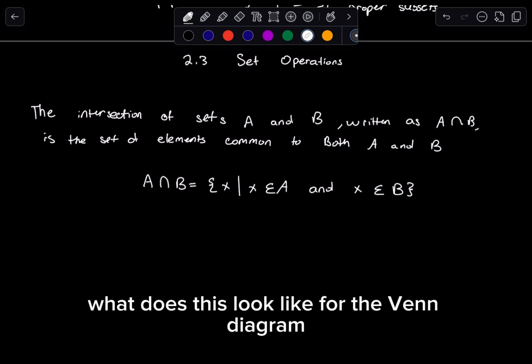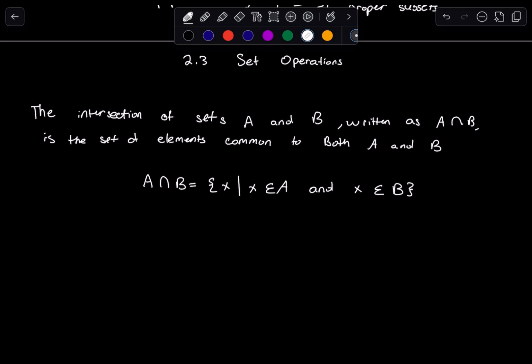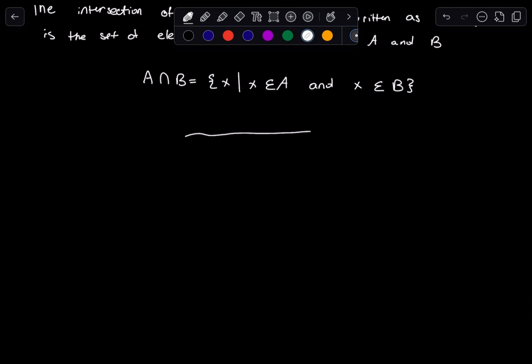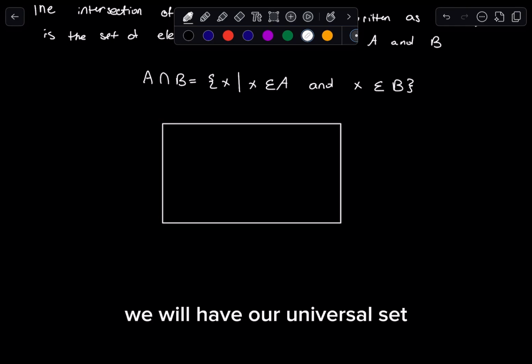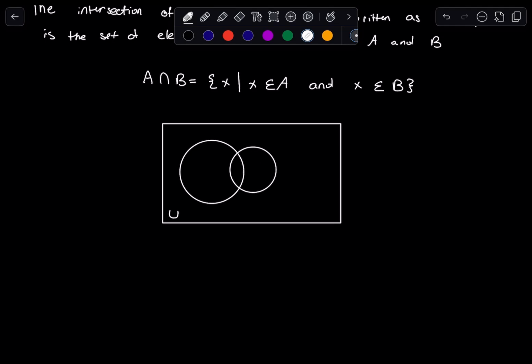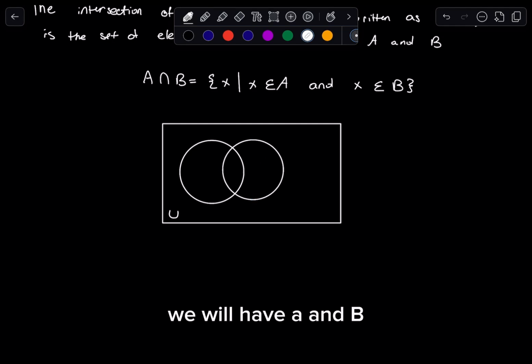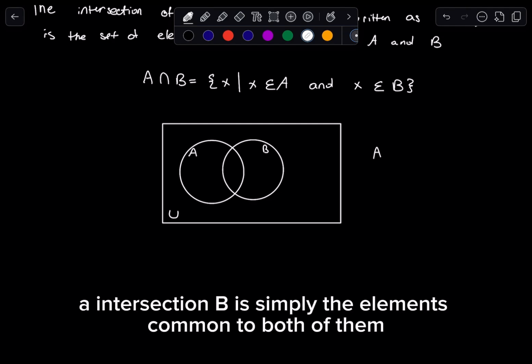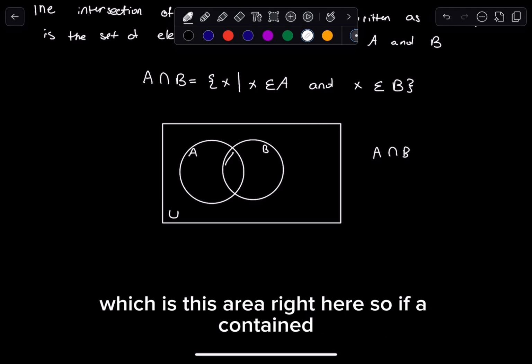What does this look like for the Venn diagram? In our Venn diagram, we will have our universal set, and then we will have two sets within here. We will have A and B. Now, A intersection B is simply the elements common to both of them, which is this area right here.